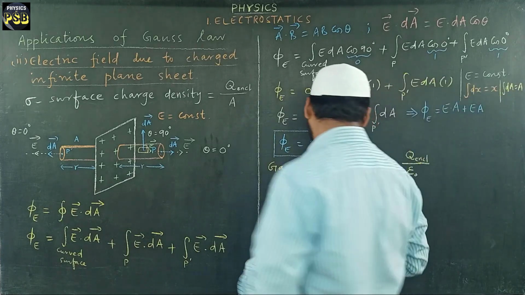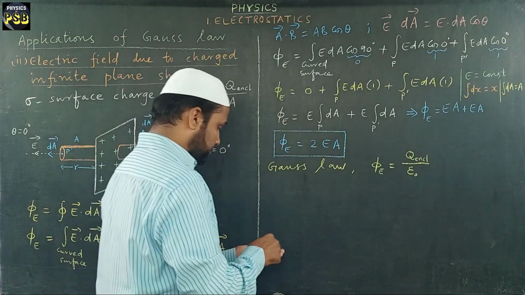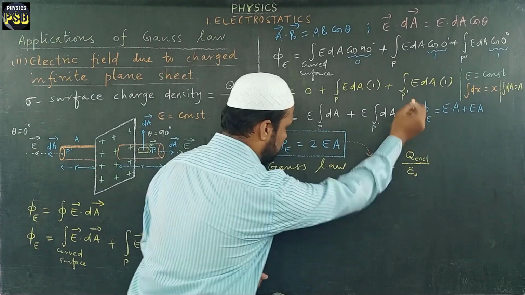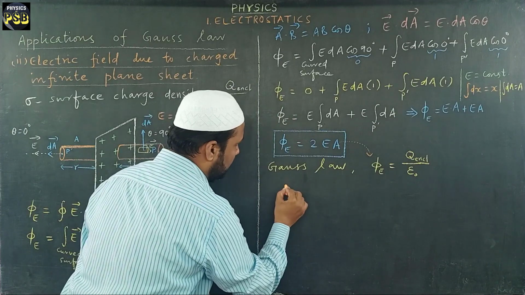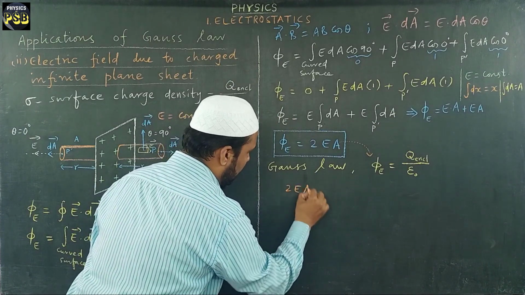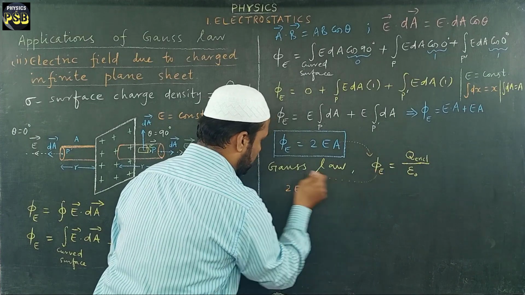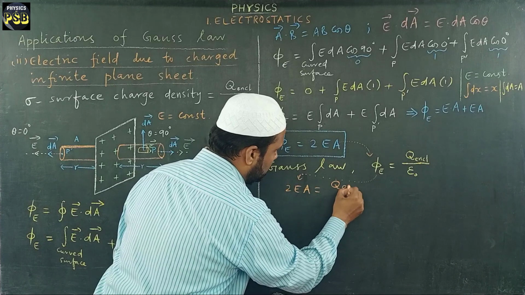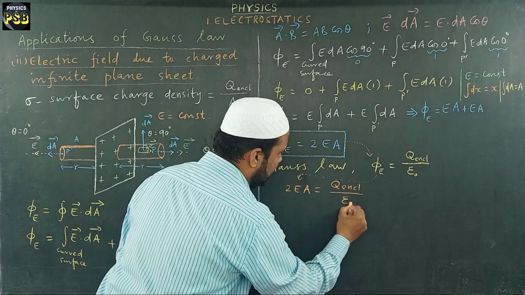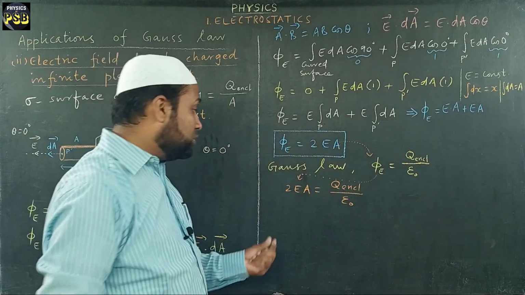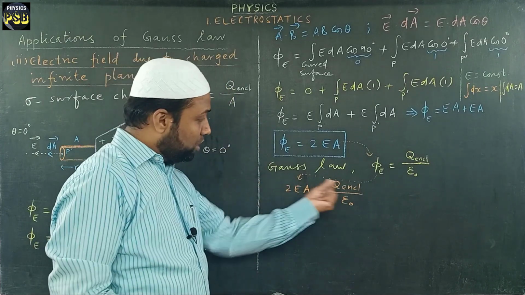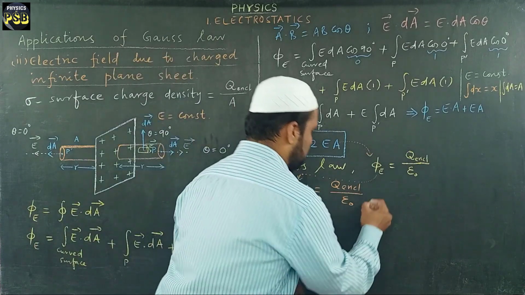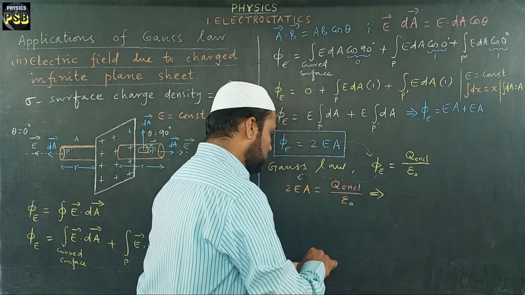If I do so, what do I obtain? In place of phi E, I write 2EA, which is equal to enclosed charge divided by epsilon naught. My aim is to get the value of E, and just by cross multiplication this can be obtained easily.